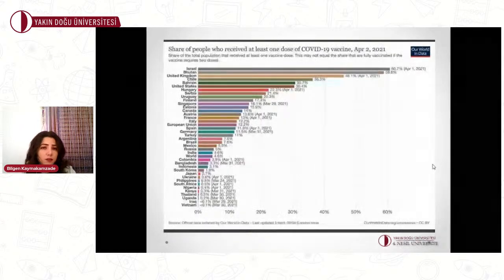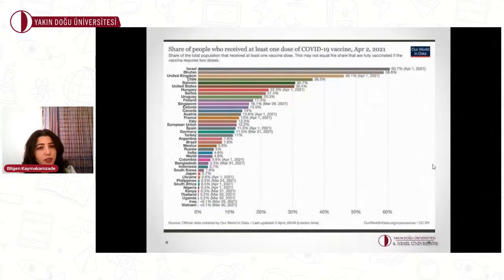Here, I just try to give some information. If we check this table, here we have the vaccinated people in the countries, who have taken at least one dose for COVID-19. If we check the UK, they have vaccinated 46% of their country.